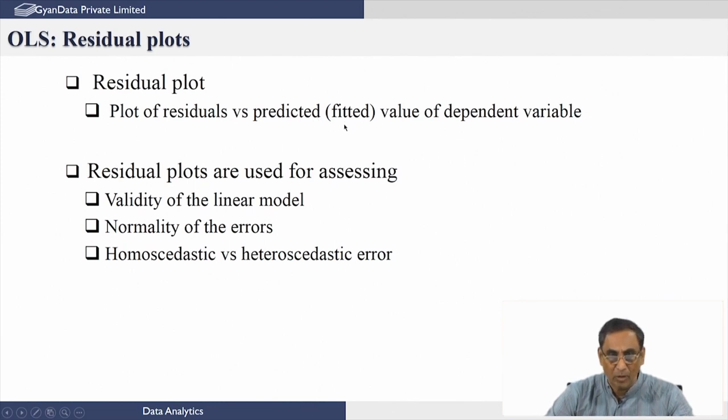So, this is called the residual plot, the residual versus the fitted or predicted value, and this plot is very useful in testing the validity of the linear model, in determining whether the errors are normally distributed, assumptions on errors are okay, and whether the variances of all errors are identical or not, which is called the homoscedastic case, which means the errors in all measured values are identical, or the variance of the error in different measured values are non-identical, which is called the heteroscedastic case or heteroscedastic error. So, let us see how the plot looks for each of these cases.